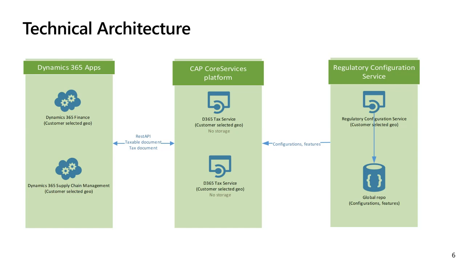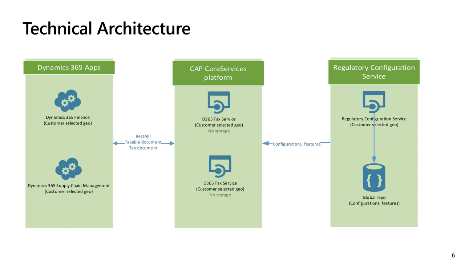Once this setup is done, data will be pushed to the global repo, and then normally the user will move back to the Dynamics 365 apps and do the setup to connect the feature with a legal entity. As Eric mentioned in the previous slide, we enable this tax service per legal entity and actually per business process as well. So inside the D365 apps, the user will choose which tax feature will be used.